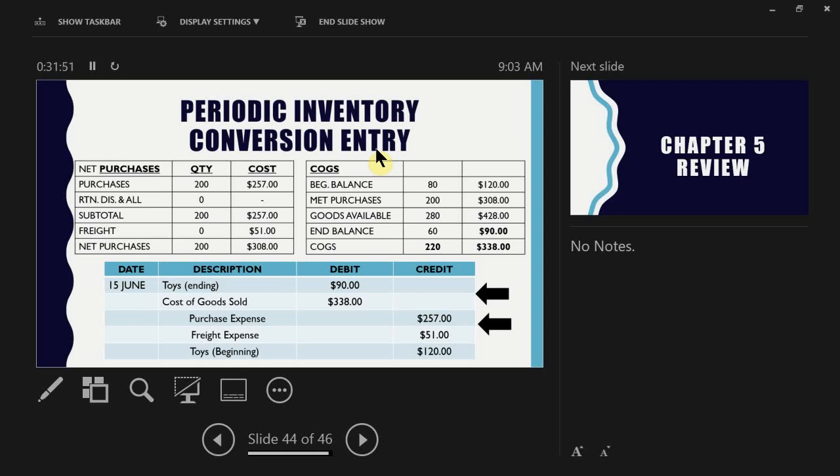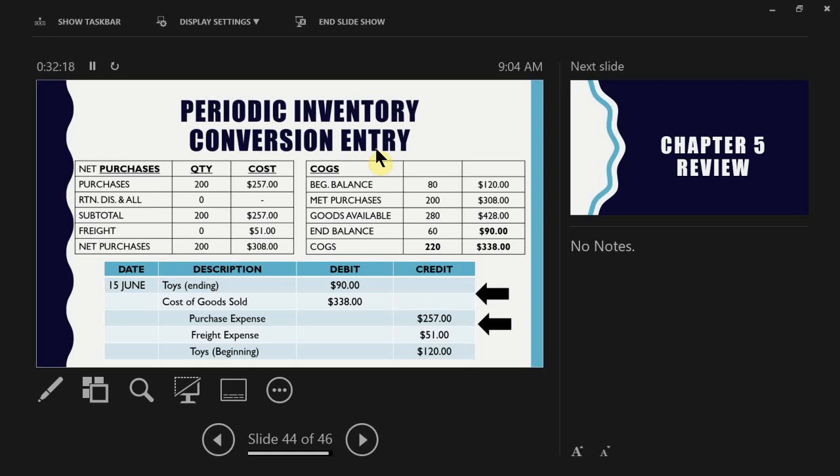And then at the end of the day, when you solve for your ending inventory, that's what's going to be reflected in your actual inventory. So if you think about it hypothetically, you're not going to touch your inventory on hand. But theoretically, this is what we have to journalize.